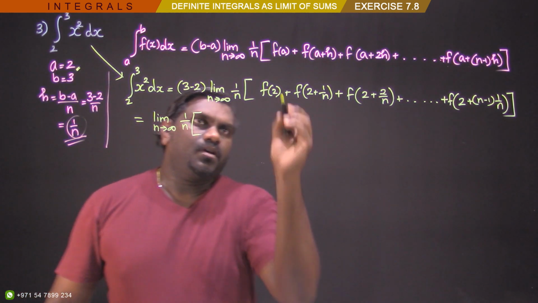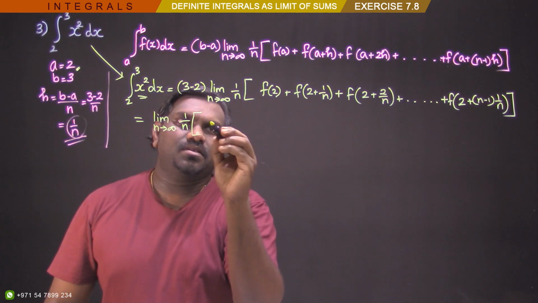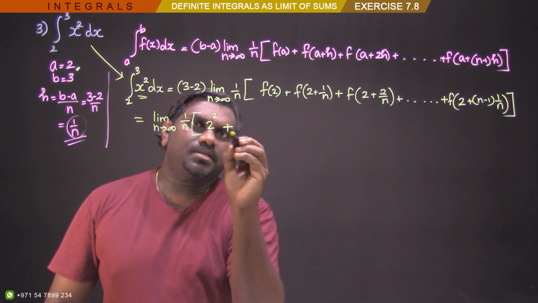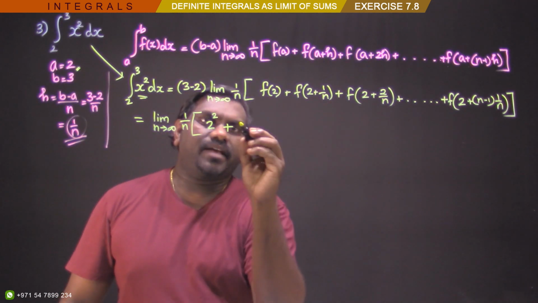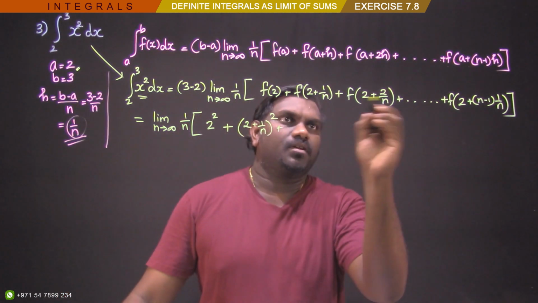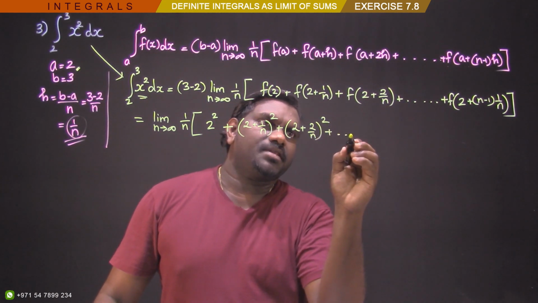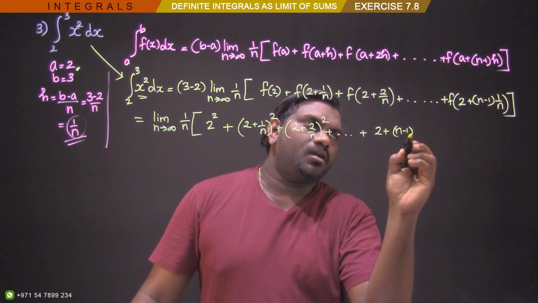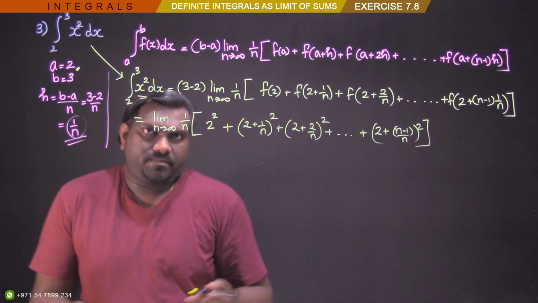Then f of 2: you apply the 2 in x, so it's 2 square, which is 4. Then 4 plus the next one, which is 2 plus 1 by n the whole square, plus 2 plus 2 by n the whole square, and as it goes on, up to 2 plus n minus 1 by n the whole square.